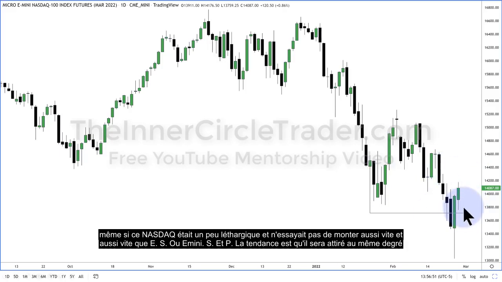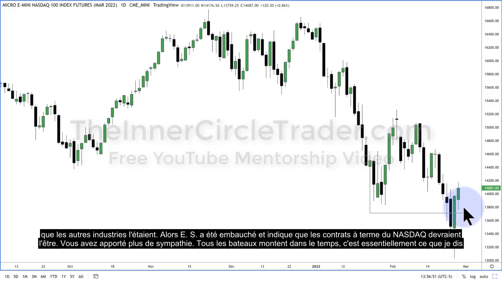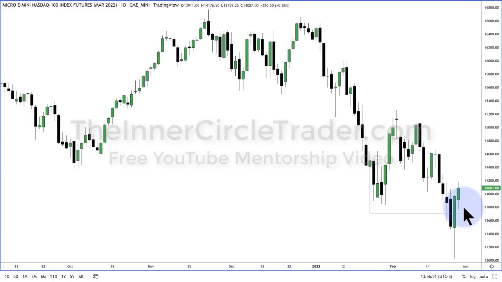Even though the NASDAQ was a little bit lethargic and wasn't trying to go up as quick and as fast as ES, the tendency is that it will be drawn to the same degree that the other indices were. So if ES was higher, NQ, which is NASDAQ futures, should be brought higher in sympathy. All boats rise in high tide, basically is what I'm saying.